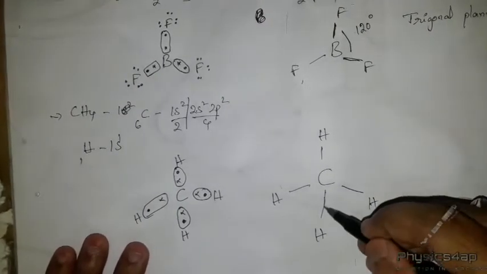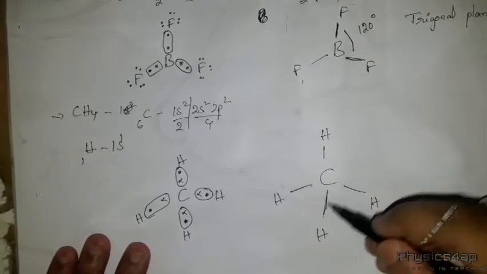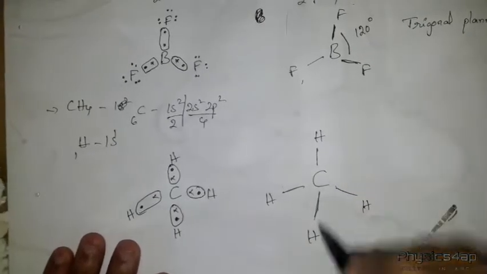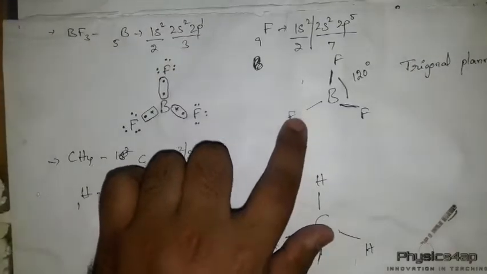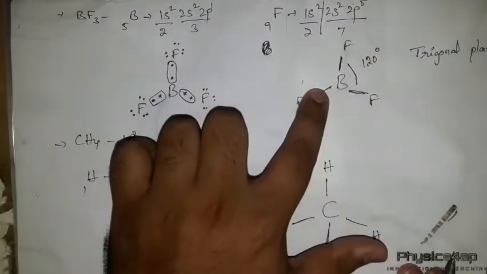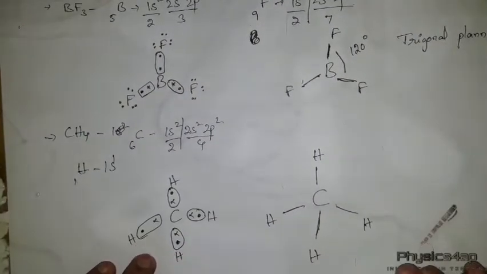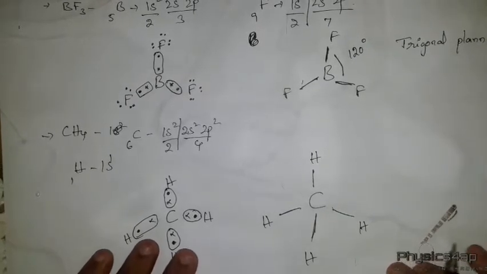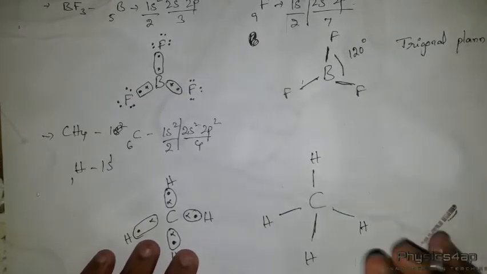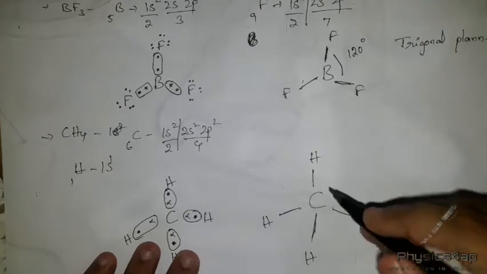So here we have 4 bond pairs. Previously we had 2 bond pairs, then 3, and now 4. Can you tell me whether the bond angle increases or decreases? Yes, as the bond pairs increase, the angle gets decreased.